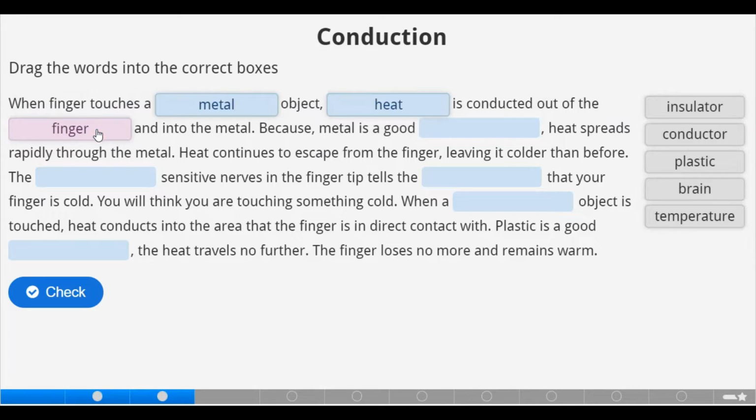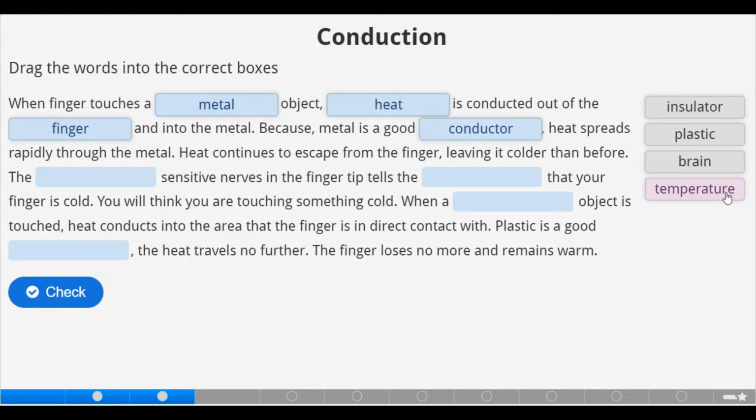Metal. Because metal is a good conductor. It spreads rapidly through the metal. It continues to escape from the finger, leaving it colder than before.